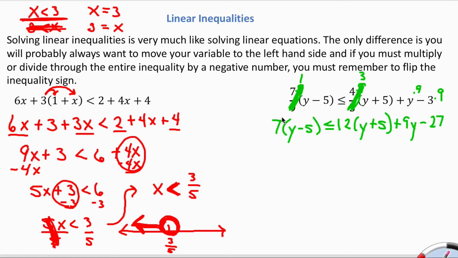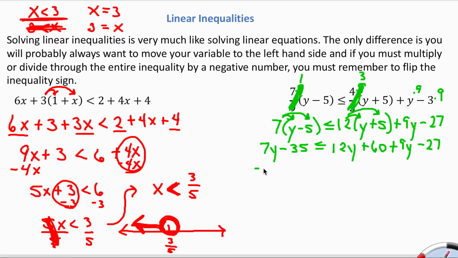Get rid of parentheses. I got rid of fractions, so now get rid of parentheses by distributing. 7y minus 35 less than or equal to 12y minus 60, oh, plus 60, sorry, there's a plus there, plus 9y minus 27.